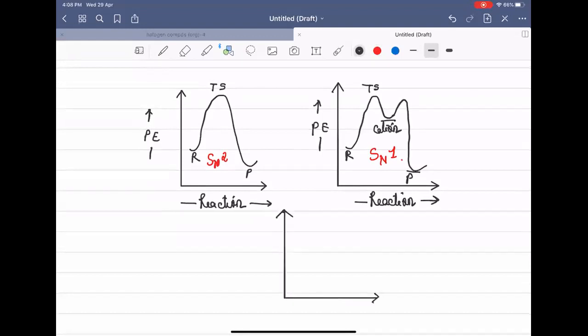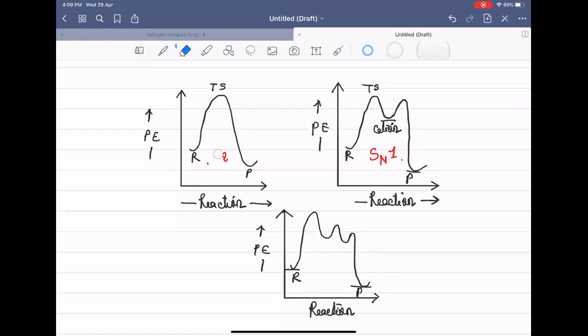Can anyone tell me what this is? What has happened here?